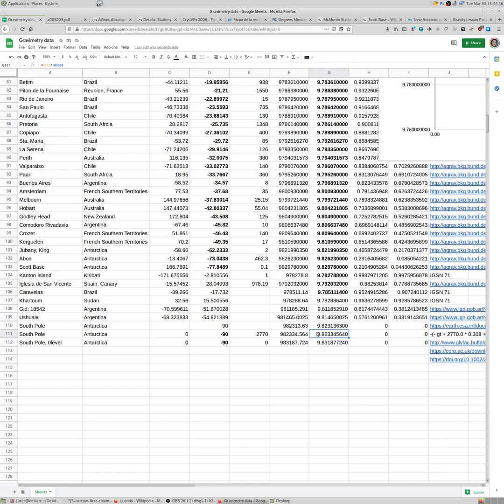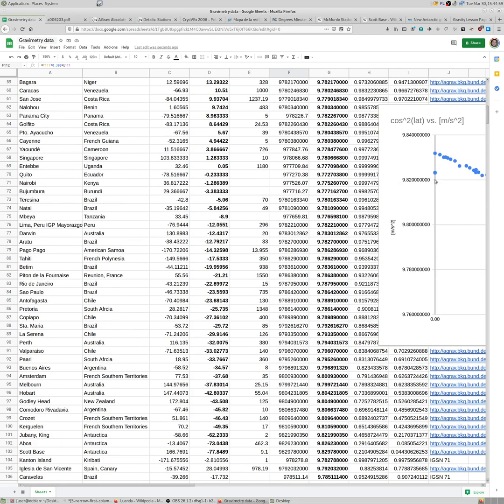This gives us this value, but at a height of 2,770 meters. Okay, this is very high. If we subtract this value with 0.308 milligal per meter, we arrive at this value, which is corrected for the height. Okay, and then we arrive at this point.